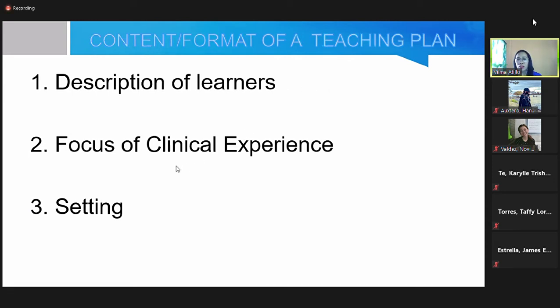Ayan. Focus of clinical experience, halimbawa is pediatric exposure, pediatric concept, I mean. Sa setting, so San Pedro Hospital Pediatric Ward. So alam na, ito yung guide ng mga teachers.